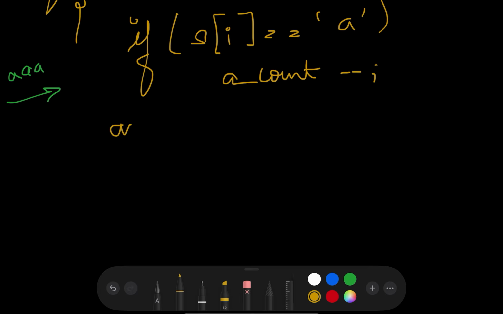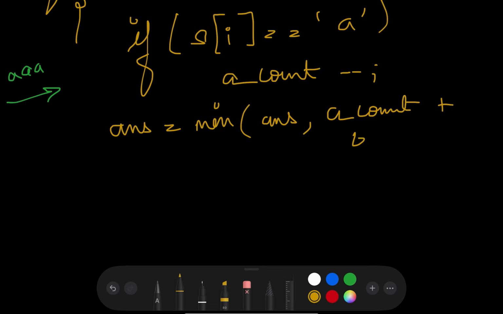Then our answer is equal to the minimum of our answer comma A count plus B count.